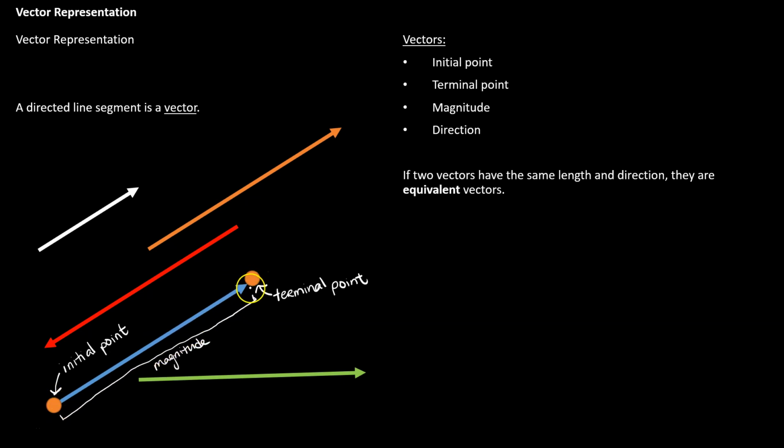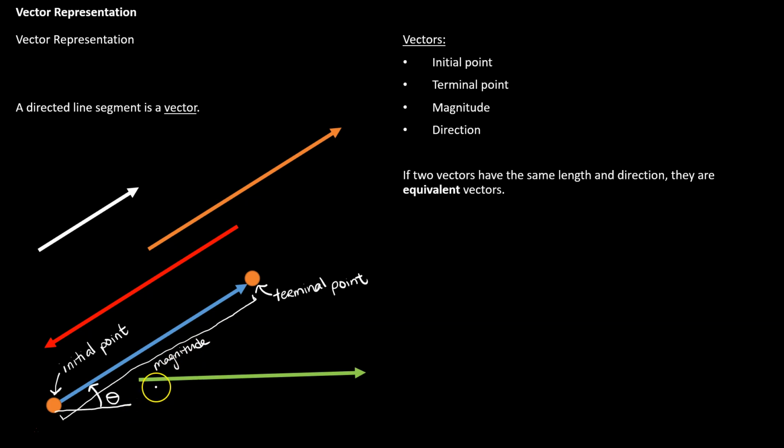We just follow with our eyes to see the direction. But we could use an angle. For example, we could say that this vector makes maybe like a 30 degree angle with the x-axis, or it's 30 degrees north of east, for example. But these are the basics. For a plane vector, that's a vector with 2 dimensions, it will have all 4 of these things: an initial point, a terminal point, the magnitude, and then the direction.